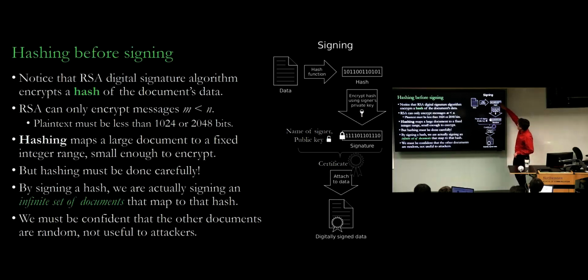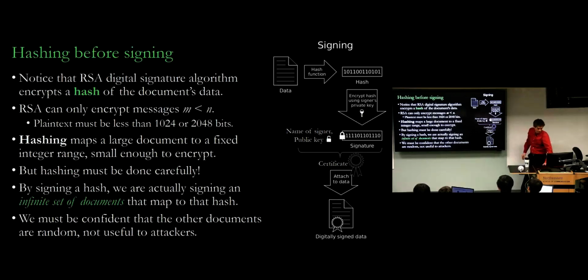But when we generate the signature, we're actually signing not just this one document, but every document that maps to that same hash value. And there's an infinite set of documents that maps to the same hash value, theoretically. So we have to be confident that all the other documents that correspond to that hash are random and can't be used by attackers to make claims that would be harmful.